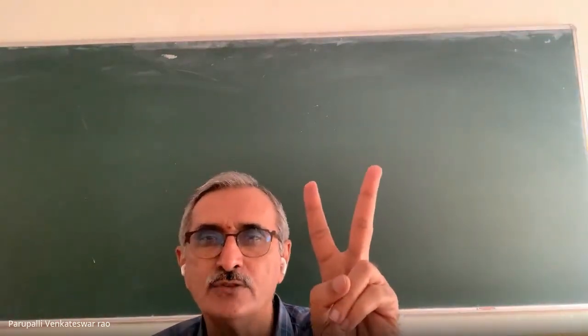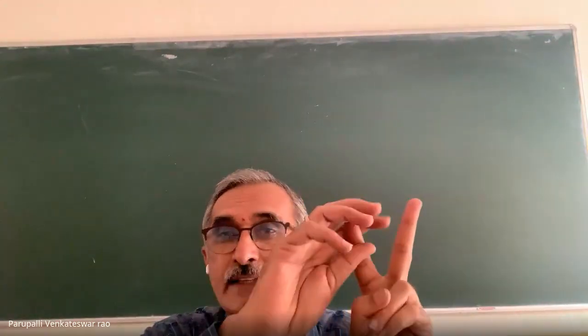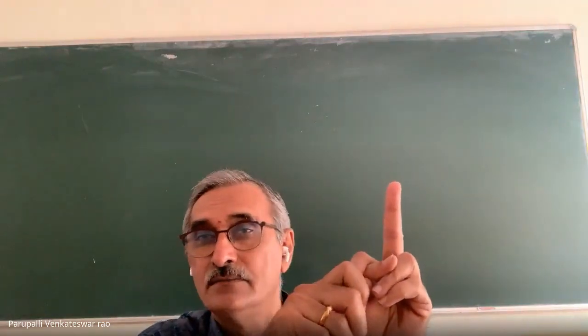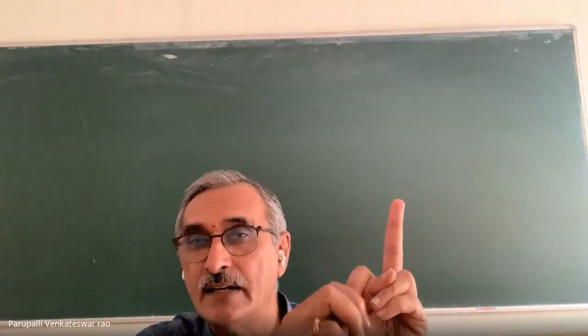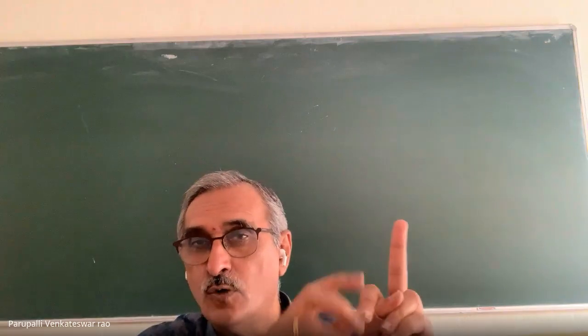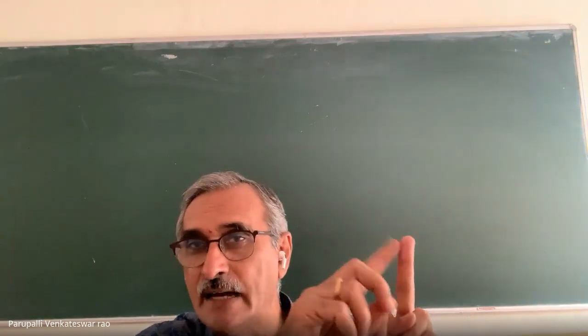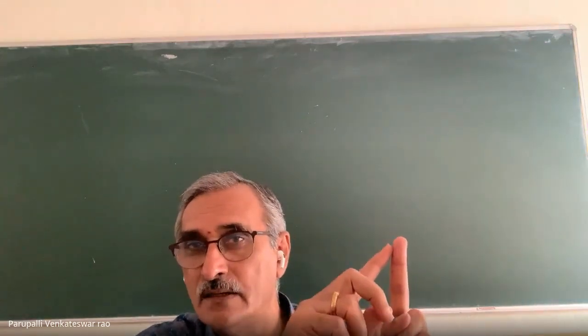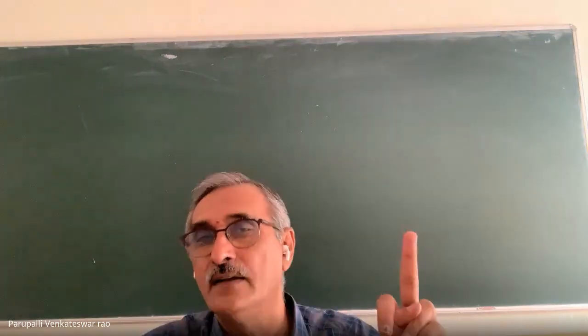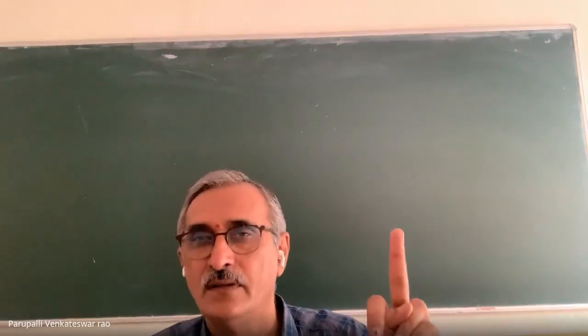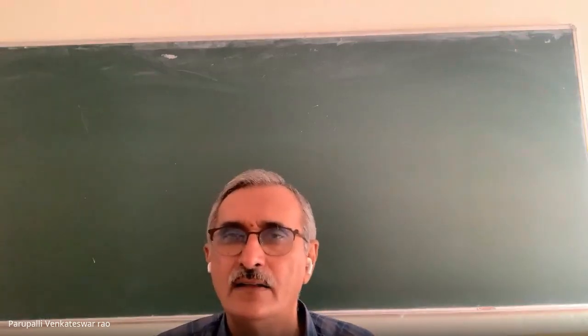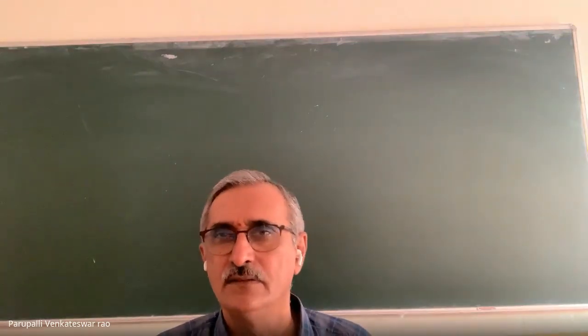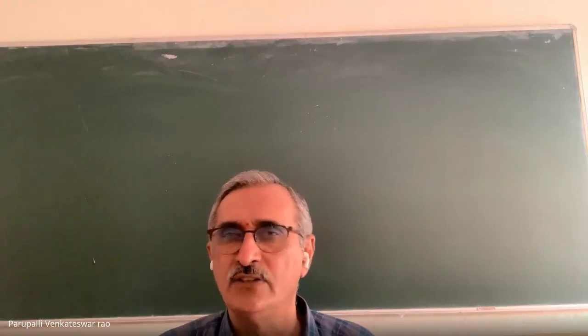Goods purchased for cash are recorded in the cash book. Goods purchased on credit, you can't write in the cash book. They are to be recorded in the purchases book. That I will take up in the next class. Until then, see you, goodbye.